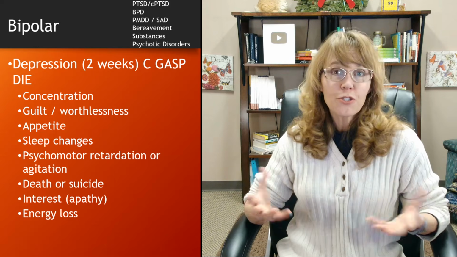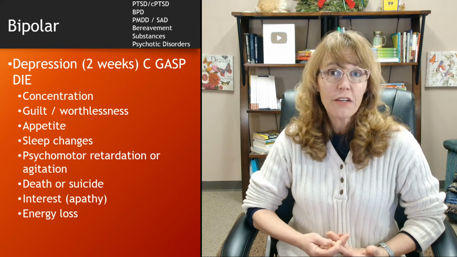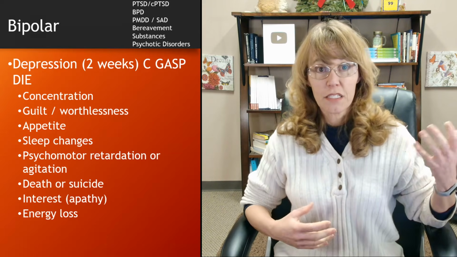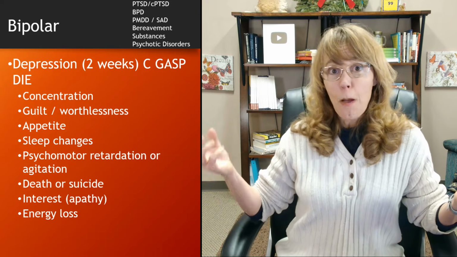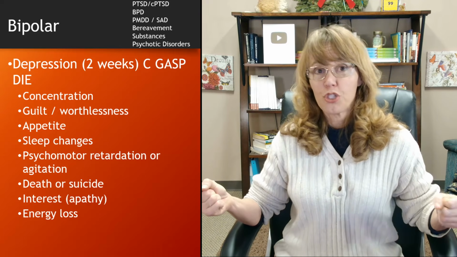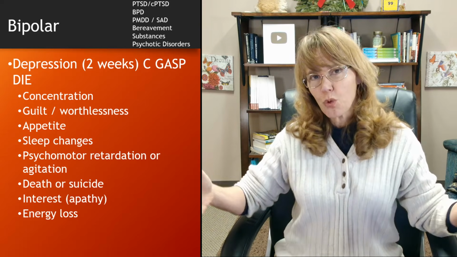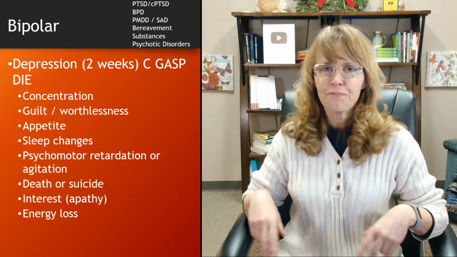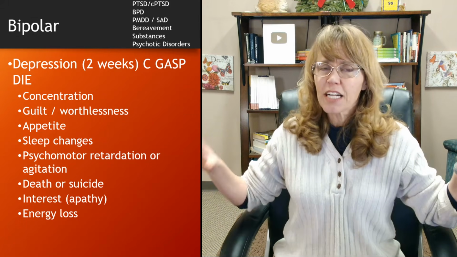So bipolar used to be called manic depression, and people with bipolar disorder go through periods where they may experience depression, and they may experience mania or hypomania, so being really depressed or being really hyped. And then there are periods in between that we call euthymia, which means they're really not super symptomatic of either one.